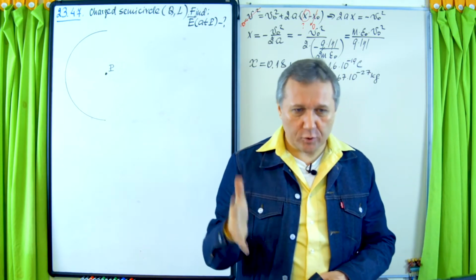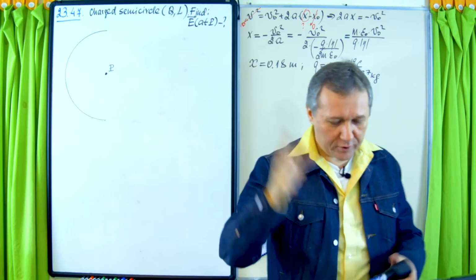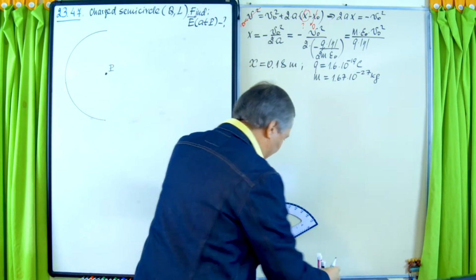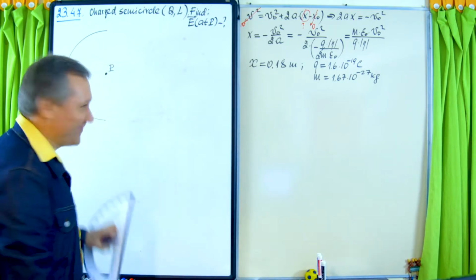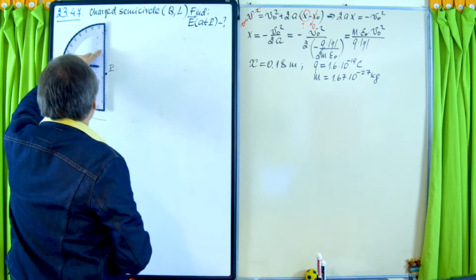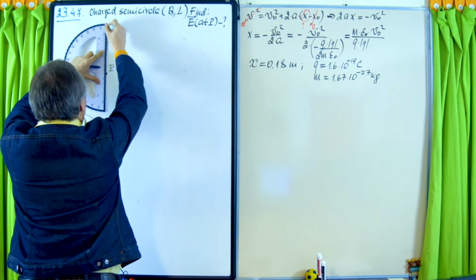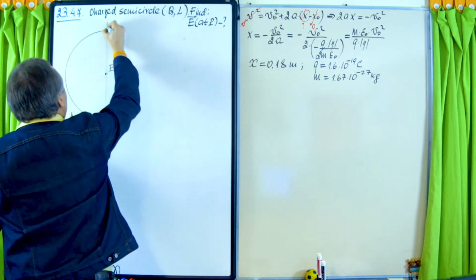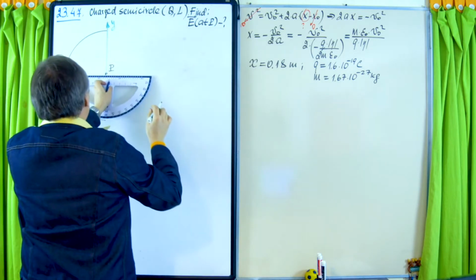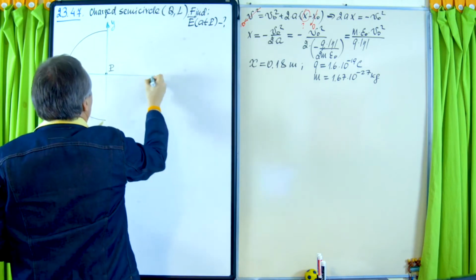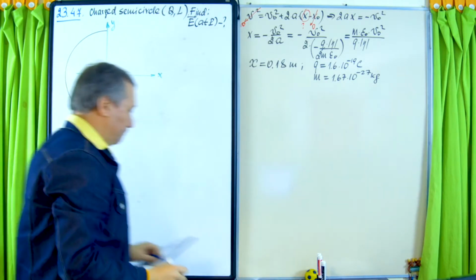So we must show which is the x direction, which is the y direction. Without that, it would be very strange. So let me show that this is, let's say, y, and of course this will be our x-axis.